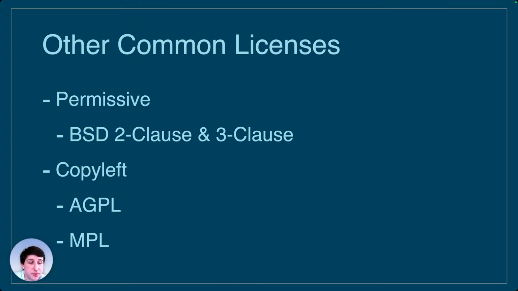So even if you're only receiving web requests and not actually distributing the software to clients, you still have to release it under the viral license. And then the MPL is just another fairly popular viral license that was developed by Mozilla.